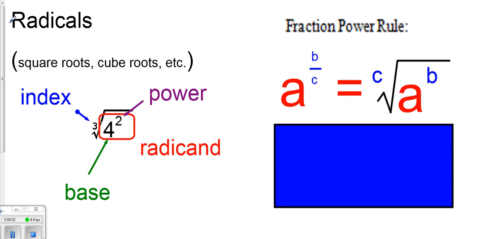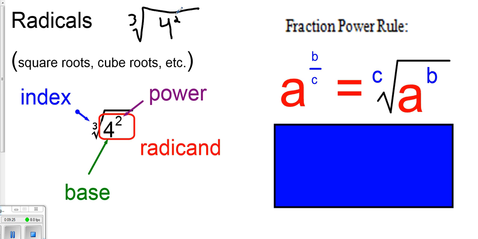We're going to do a quick review on radicals. So that's like square roots and cube roots, etc. When you have something written like this, it might be kind of hard to see there, so I'm going to write it over here. Cubic root of 4 squared. This 3 on the outside is what's called the index. So that means it's a cubic root. So it's saying what times itself 3 times gets us to that answer. This kind of squiggly box thing is called the radical sign or radical symbol.